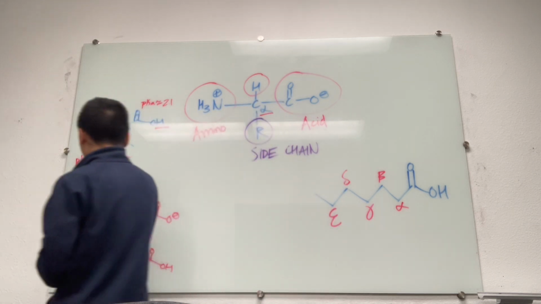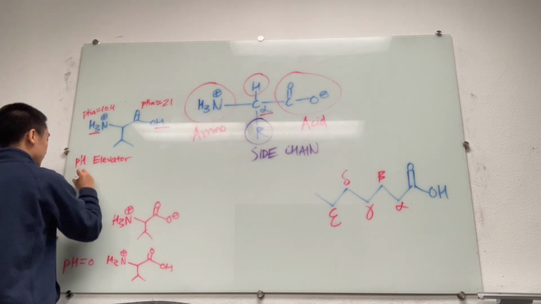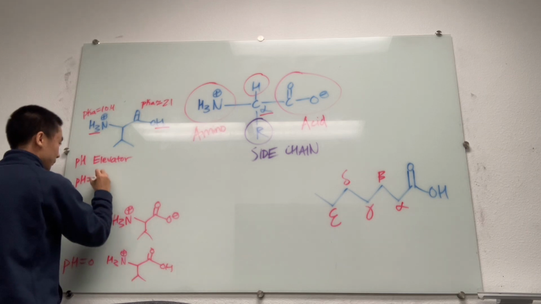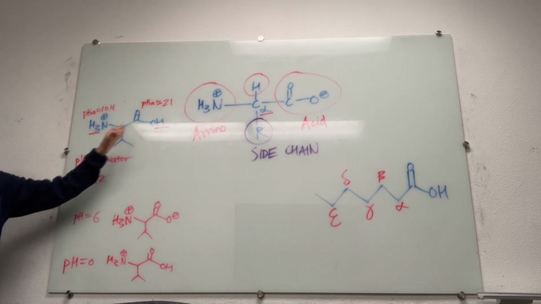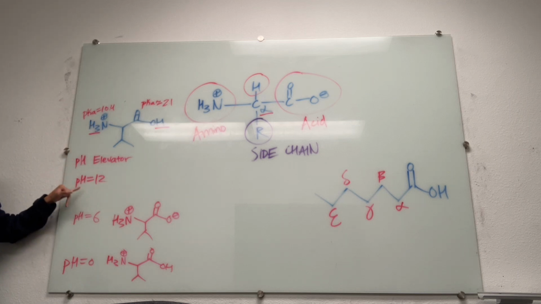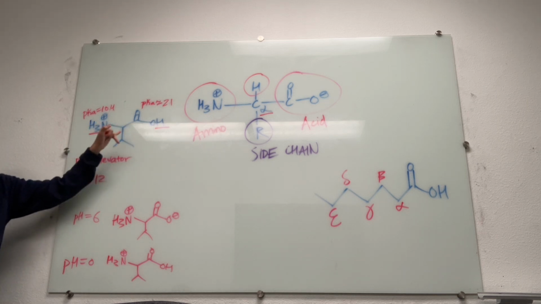Right? Let's move up the pH elevator again to, let's say, pH of 12. Now at a pH of 12, all of the groups here in the amino acid are more acidic than the environment, right? The environment is extremely basic now. And because it's extremely basic, it's going to deprotonate these amino acid groups.